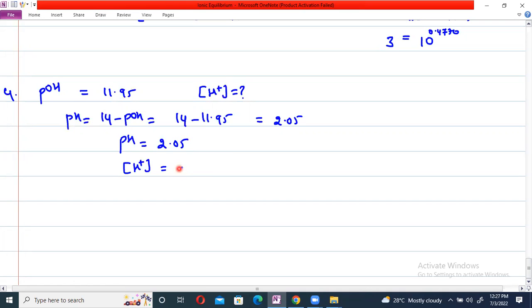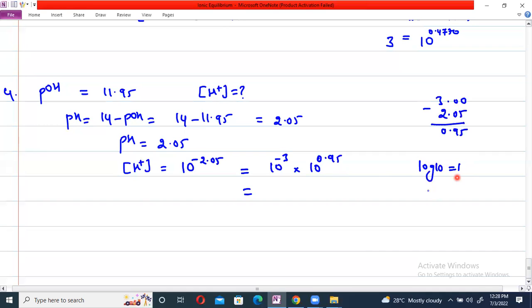So it can be written as 10 to the power of minus 3 into 10 to the power of 0.95, because 2.05 is a value nearly equal to 3, and when you solve it, I will get 0.95. But 10 to the power of 0.95 is a value we are getting nearly equal to 9.